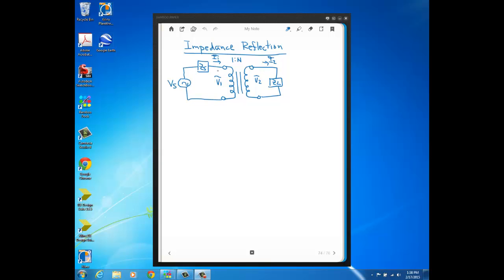And you can see that the primary values, current and voltage, both RMS, I1 and V1 on the primary side, and then on the secondary side we have V2 and I2. So the first thing we're going to do is define a Z equivalent looking from this perspective here. So this Z equivalent is the Z equivalent of a non-ideal source.